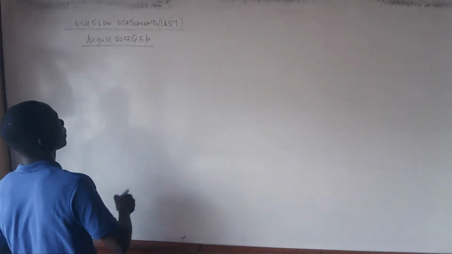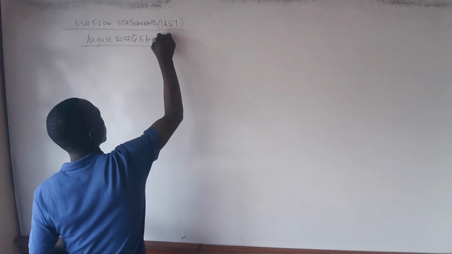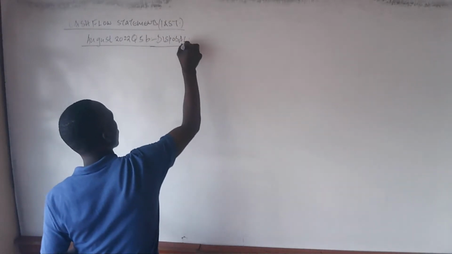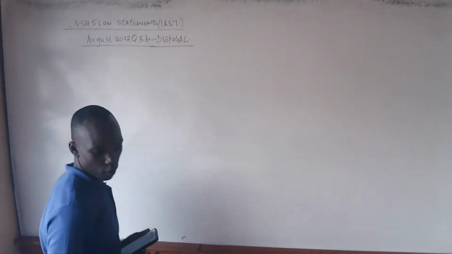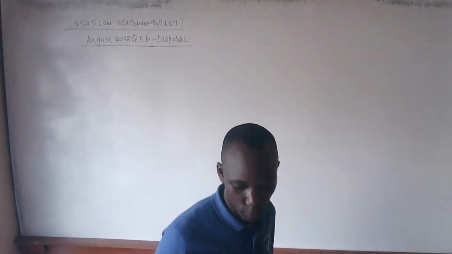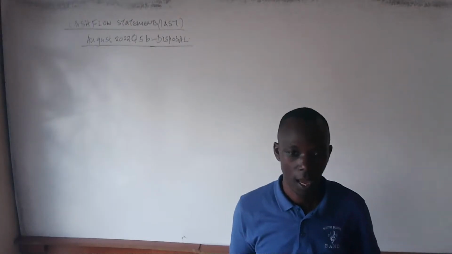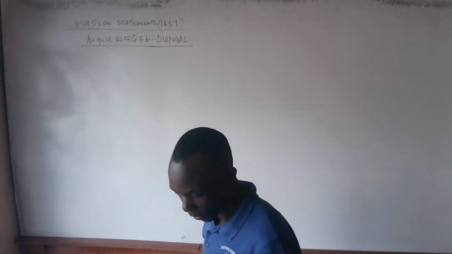We are talking about the consolidated cash flow statement, and today we are looking at disposal. This is where you are going to dispose a subsidiary. We want to see how we can account for this.